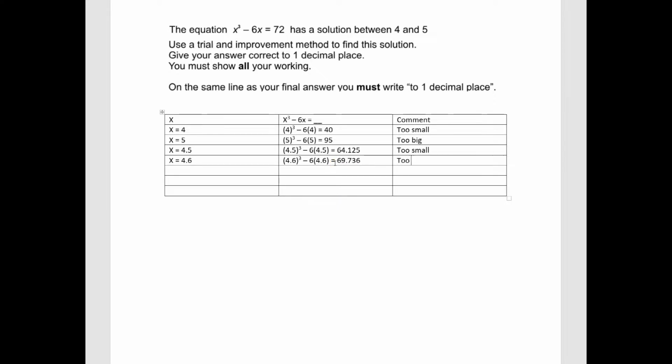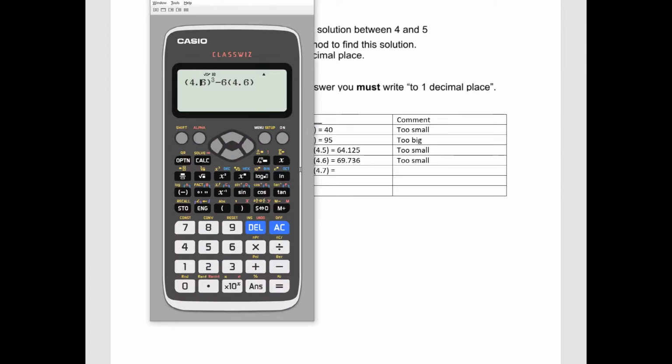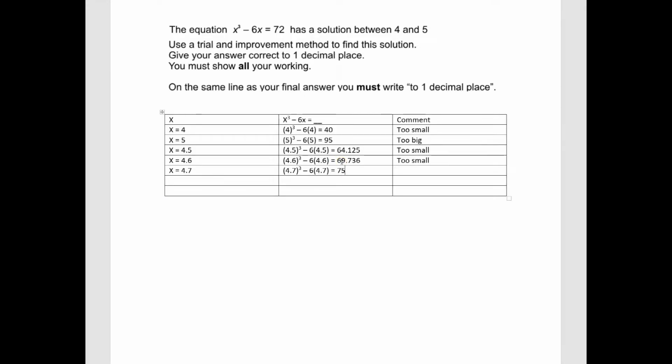That is still too small, it's still less than 72, so let's try x equals 4.7. Giving you 75.623, which is bigger than 72.